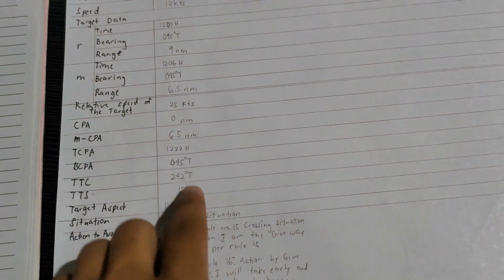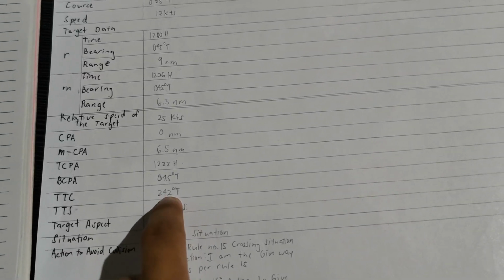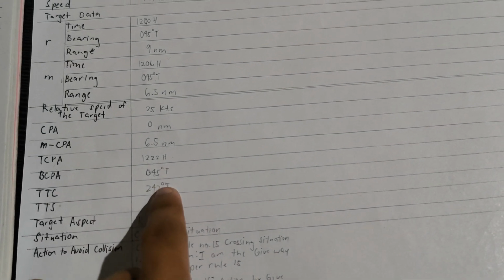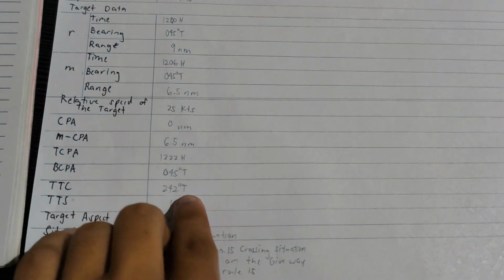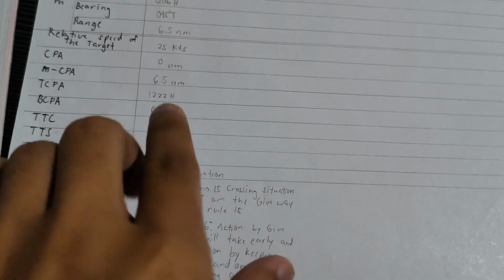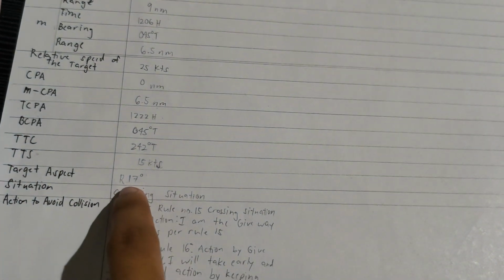So we subtract 242 degrees true minus 045 degrees true minus 180 degrees. We have determined that it is 17 degrees.